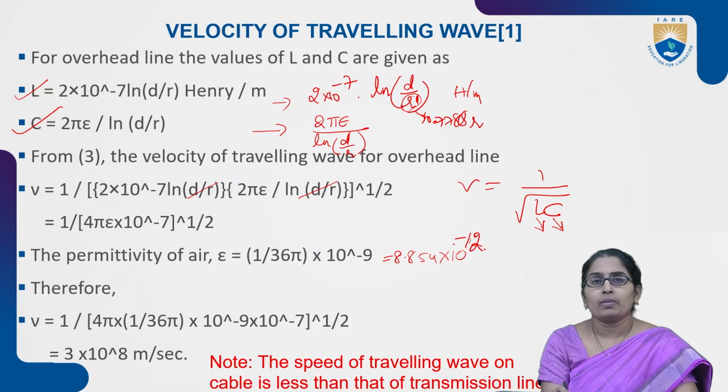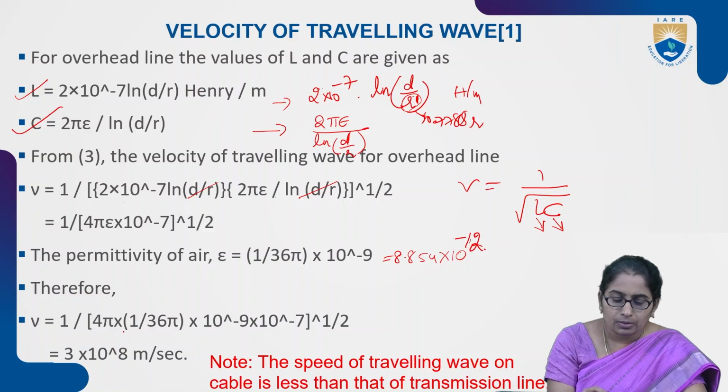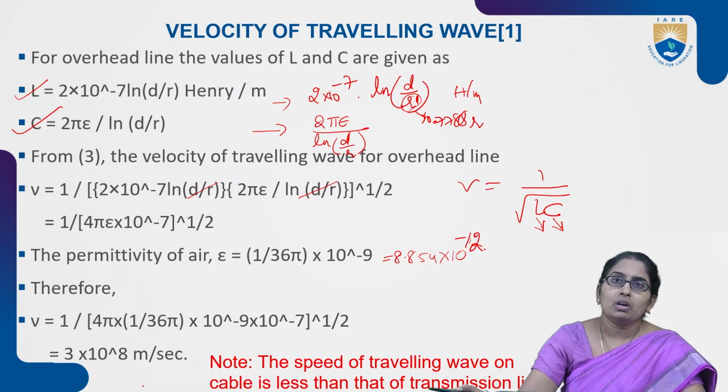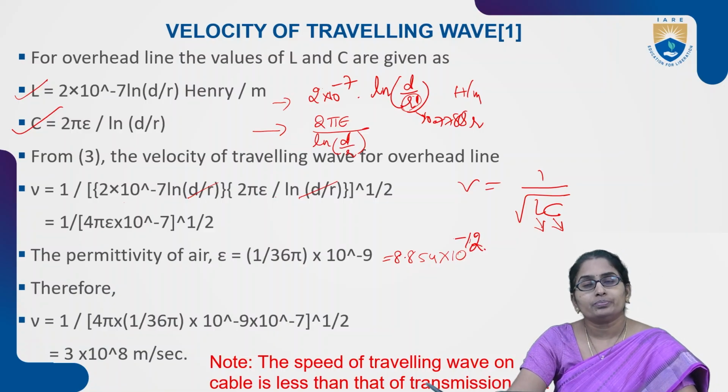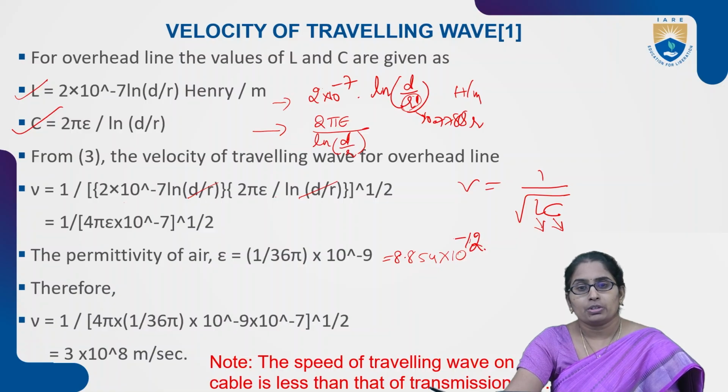Substituting that epsilon value, finally the value of this velocity is obtained as 3 into 10 power 8 meters per second. So we know that is the velocity of light. So in the transmission line, the velocity of the traveling wave, whether voltage wave or current wave, is equal to the velocity of light. That is the point.